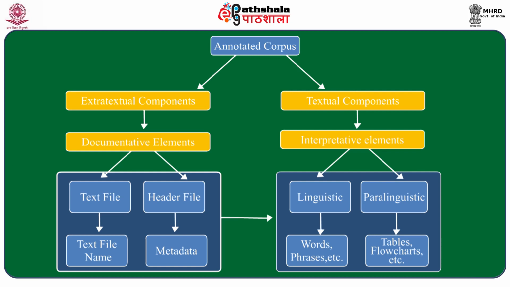Those interpretative elements can be broadly divided into two types. One type is purely linguistic elements, like words, characters, phrases, sentences, clauses, and other textual elements used there. But at the same time, you can find a large amount of non-linguistic elements in a text, such as tables, images, pictures, flowcharts, graphs, and many other visual elements.